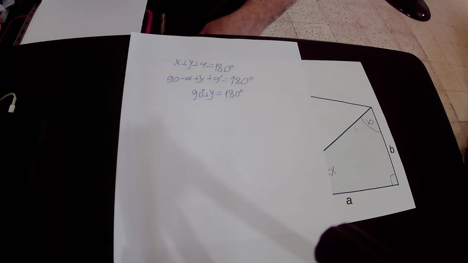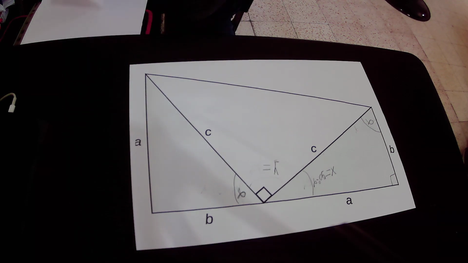We can subtract 90 degrees from both sides of the equation, and we will get that y equals 90 degrees.